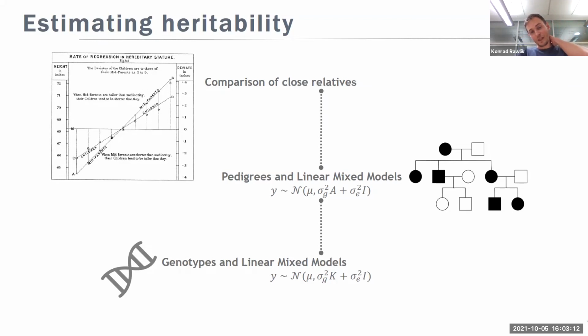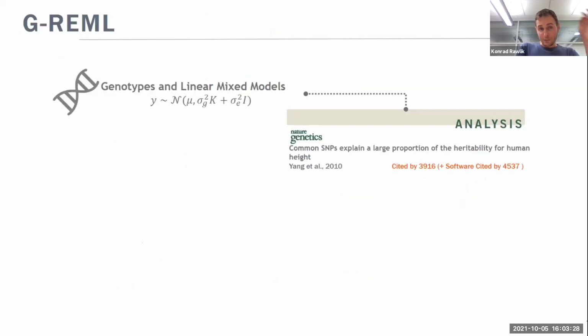And most recently, we've reached the stage where we can genotype lots of individuals. And the idea has come up that rather than using a pedigree, you could estimate the relationships between individuals directly from the genotypes. This idea was introduced into human genetics, which is where I work.